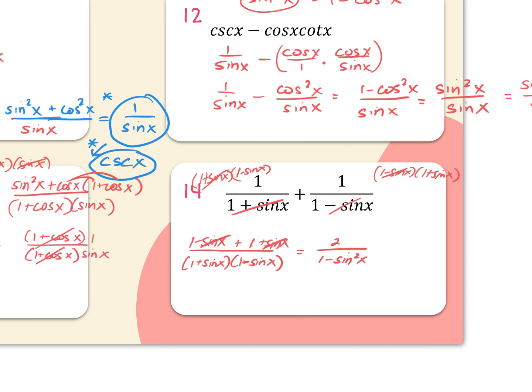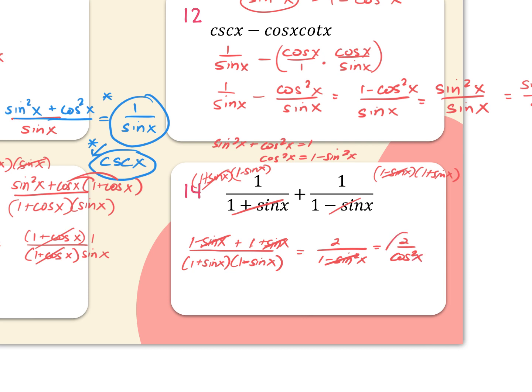Now, again, I don't know if I'm supposed to stop here or not, but I know my Pythagorean identities. I know that I have one that says, remember, sine squared x plus cosine squared x equals 1. So I know that cosine squared x equals 1 minus sine squared x. So I know this could cancel to cosine squared x.